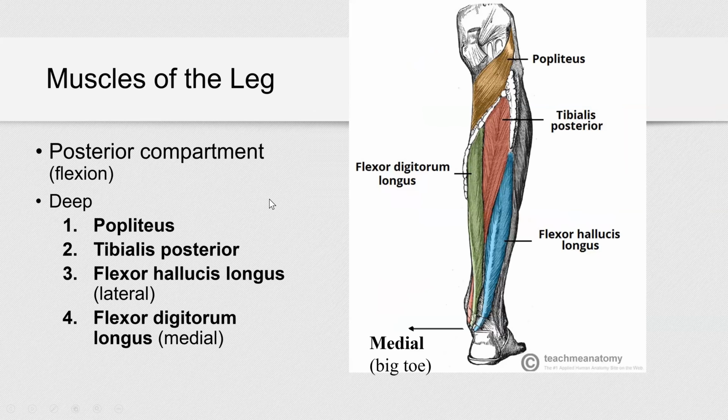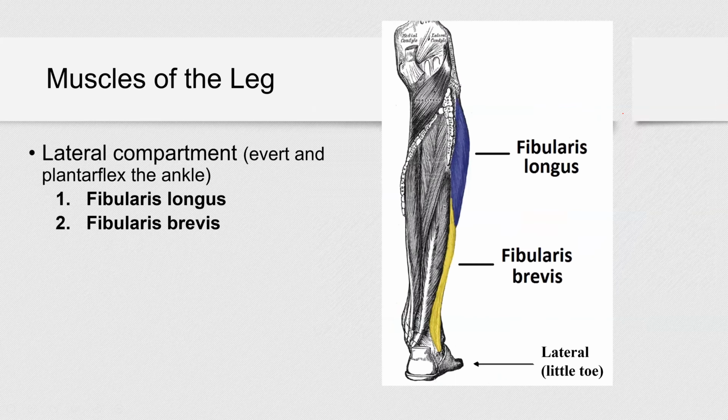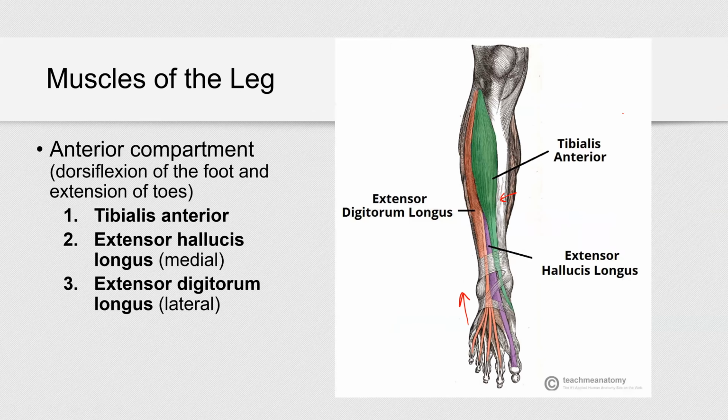So here is our deep group. It's also for flexion. We have popliteus, named by the region: popliteal region, popliteal muscle. We have the popliteal artery over here. And then we have tibialis posterior. Remember, on the front in the anterior compartment, we have tibialis anterior.